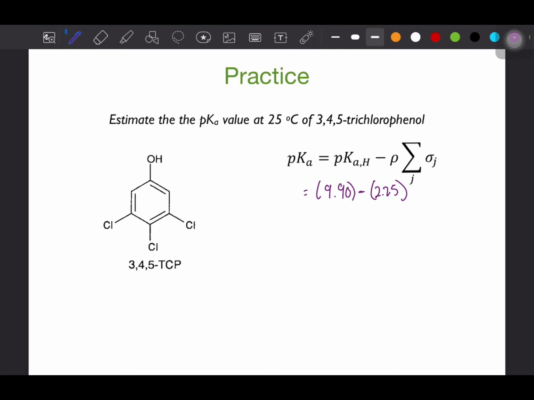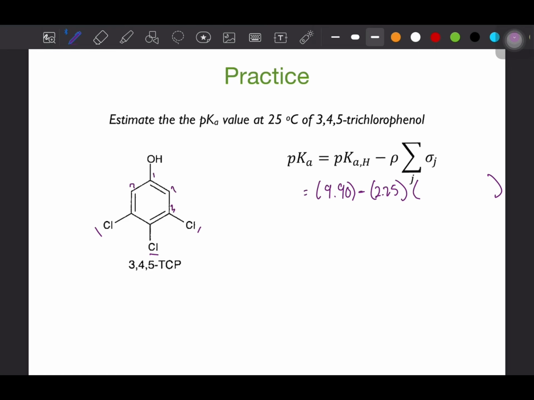Next are the Hammett constants. The Hammett constant depends on the substituted groups attached to the molecule. Right here we have 3 chlorines, however, they're all in different positions. So 1, 2, 3.